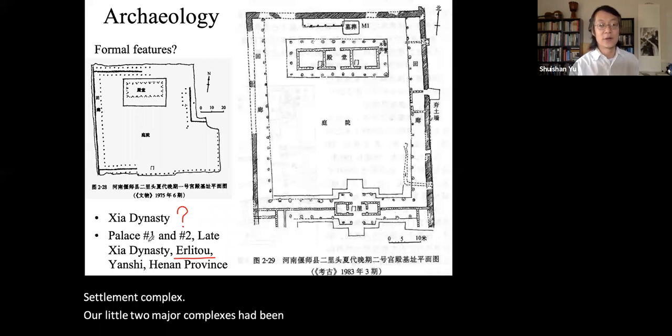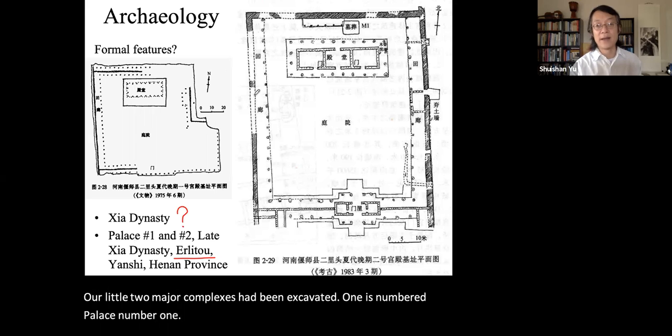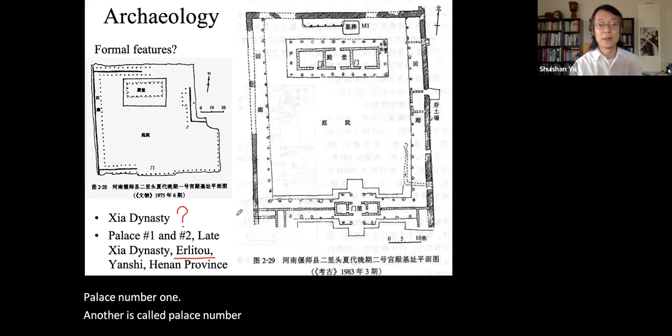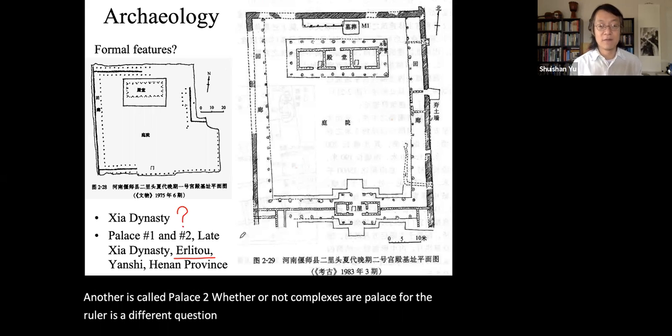One is numbered Palace number 1. Another is called Palace number 2, right? Whether or not these complexes are palaces for the ruler is a different question. So just for convenience, we refer to them as Palace number 1 and Palace number 2.